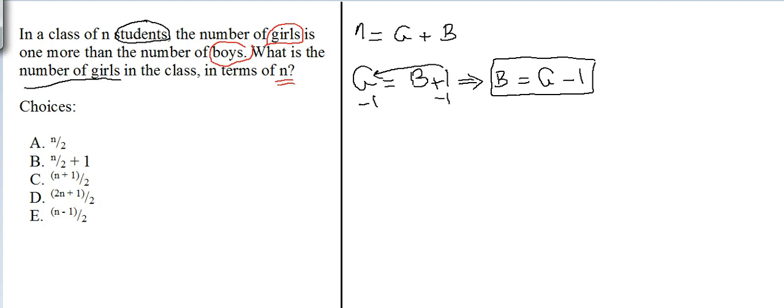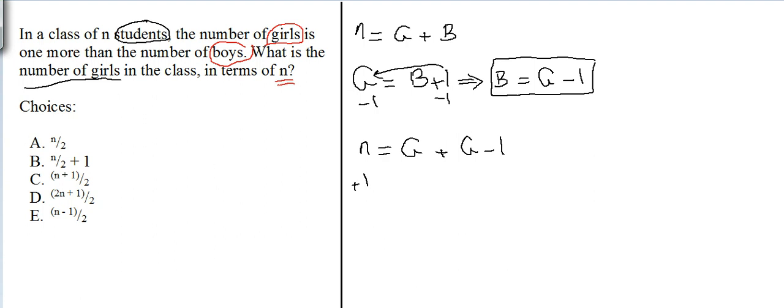If we substitute this in the original equation, what do we have? We have n equal number of girls, we leave it, plus number of boys, and we substitute instead of boys, girls minus 1.